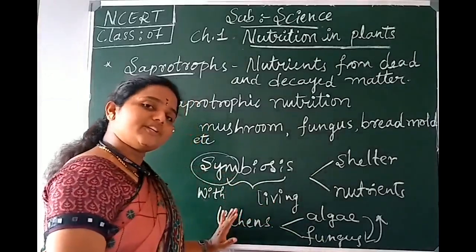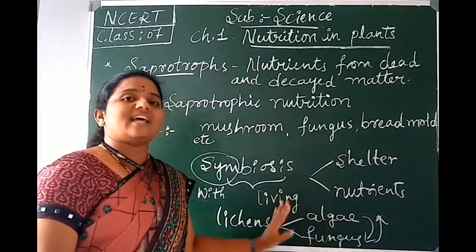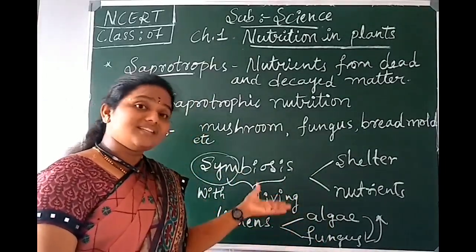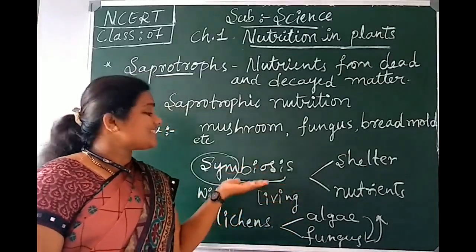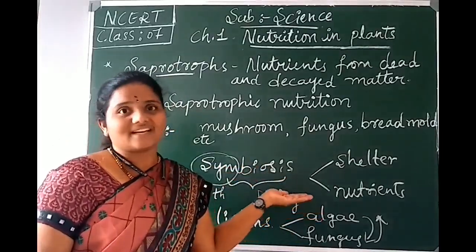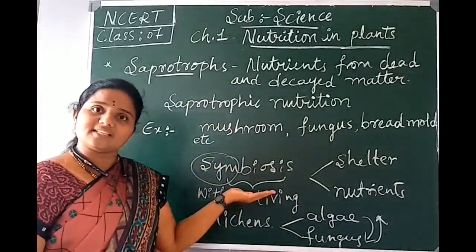This mode of nutrition is called symbiotic nutrition, and the existence of such organisms together is called symbiosis. Understand, children? Is the concept of saprotrophs and symbiosis clear?